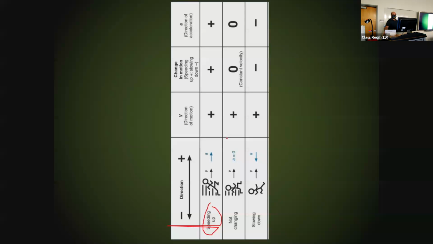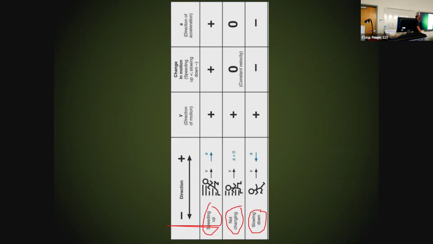And the next one is we are moving between the floors, so we're at a constant velocity, there's no acceleration. And then we are starting to slow down as we get to the floor that we want to get to.